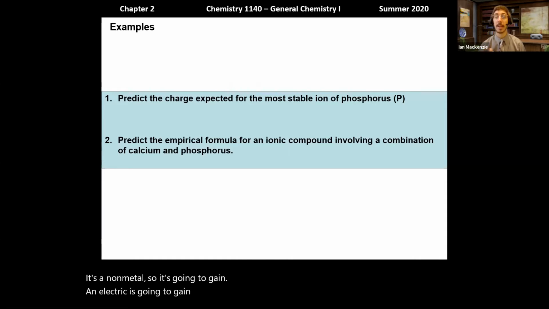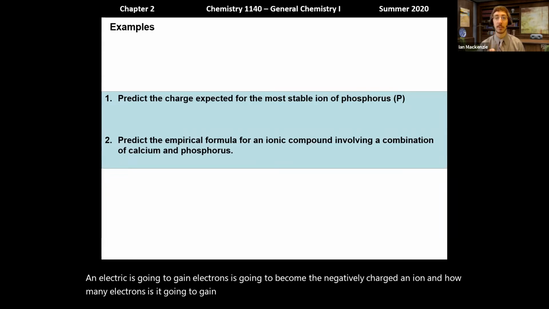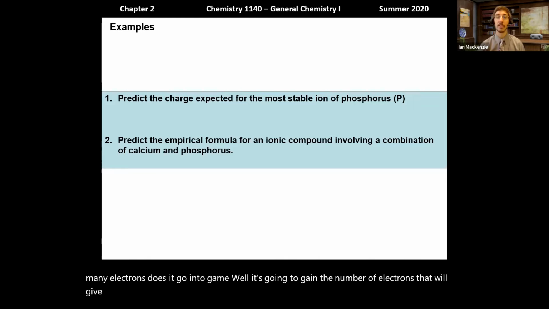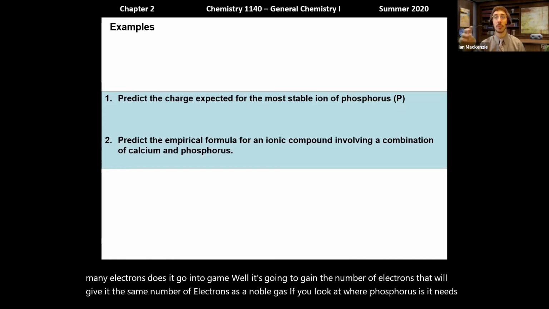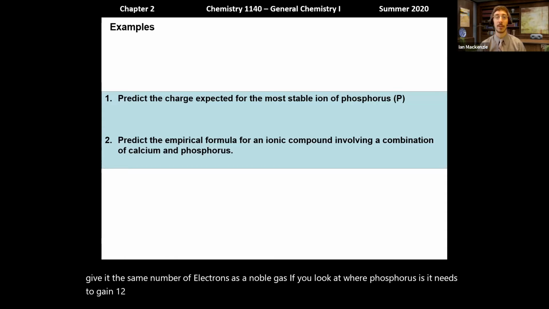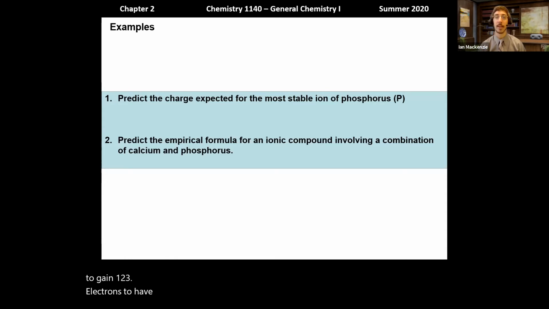It's going to become the negatively charged anion. And how many electrons is it going to gain? Well, it's going to gain the number of electrons that will give it the same number of electrons as a noble gas. If you look at where phosphorus is, it needs to gain 1, 2, 3 electrons to have the same number of electrons as a noble gas. And so here we would form phosphorus 3-.